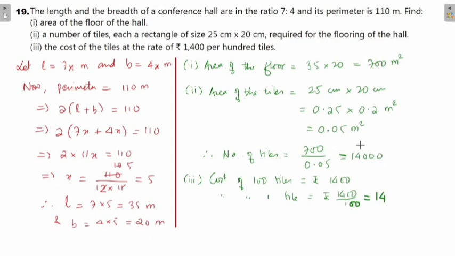Cost of these many tiles, right? So therefore cost of 14,000 tiles will be rupees 14 into 14,000. Okay, so it becomes rupees, so this is 196 and we have 000. So we have 1,96,000 will be the cost of these many tiles.